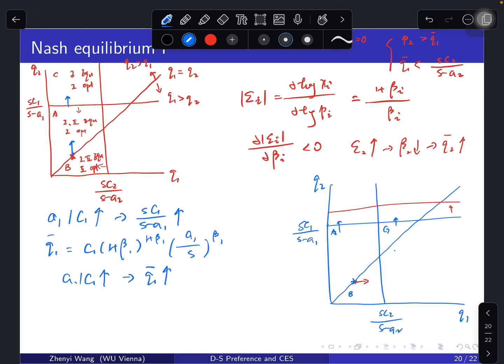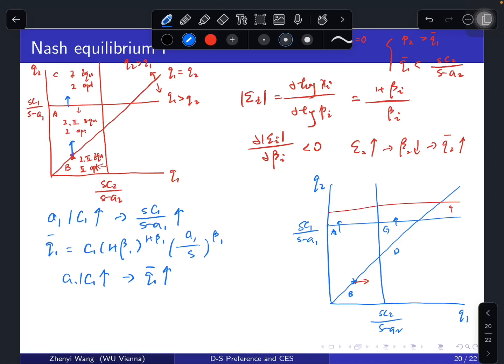Here is the region B, and here we call it region D. In region D, we could say that Q1 is greater than SC2 over S minus A2. So producing only X1 does not satisfy the Nash equilibrium condition.